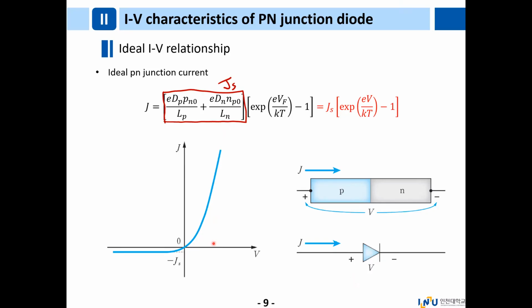That is, as you can see, the IV characteristics of the PN junction diode have asymmetric rectifying characteristics.